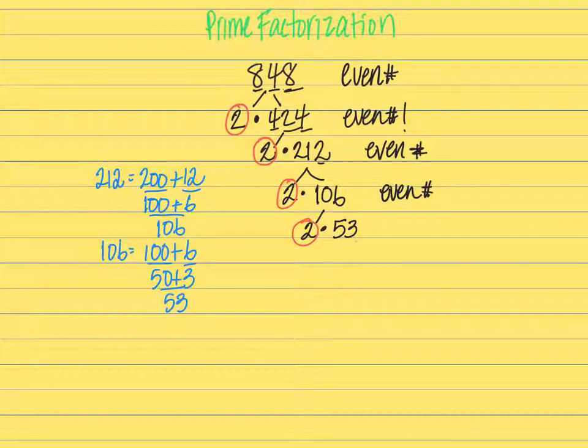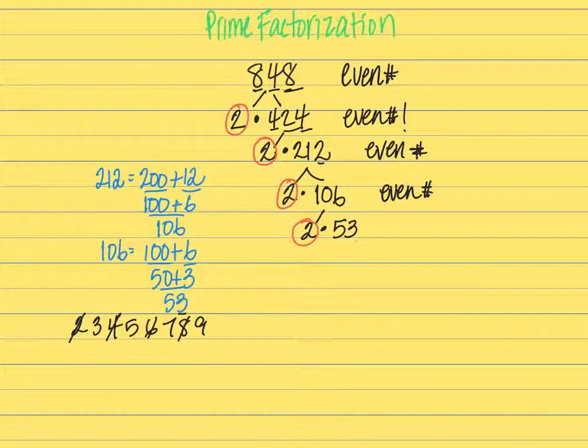Well, the only way I can figure that out is if I check my divisibility rules. So let's start with just writing 2, 3, 4, 5, 6, 7, 8, and 9. Since 53 is not an even number, I know it's not divisible by 2, 4, 6, or 8 because it is not even.